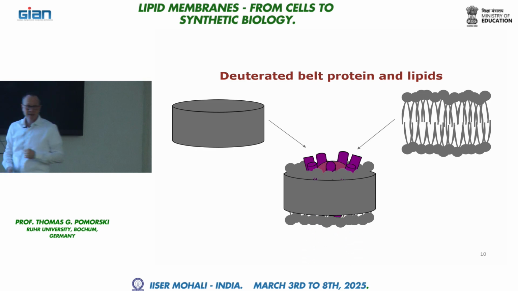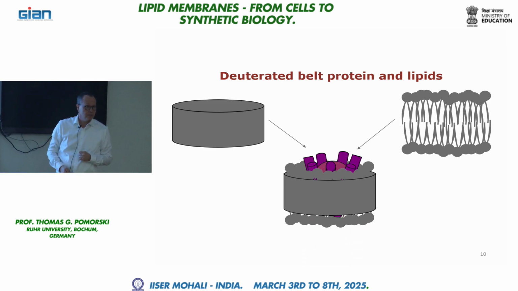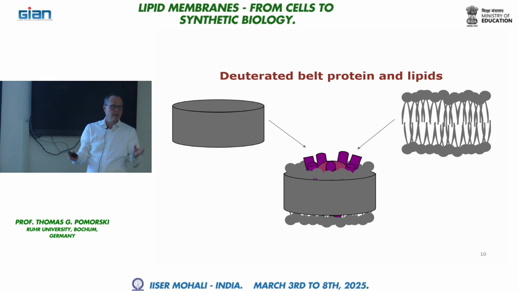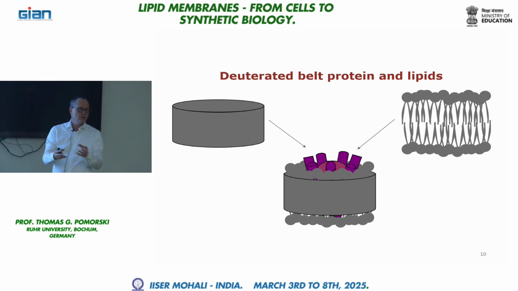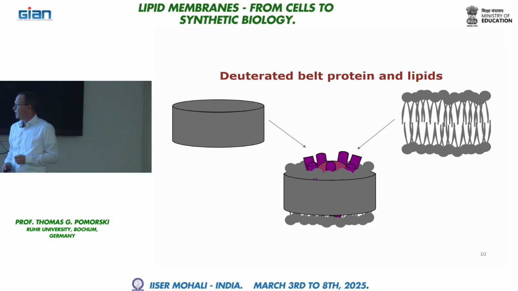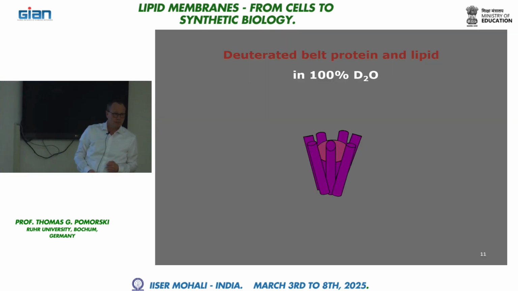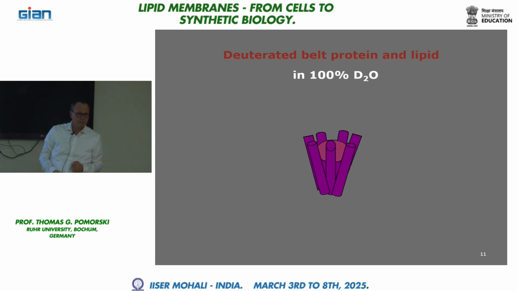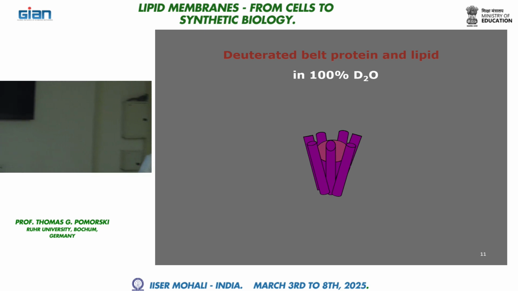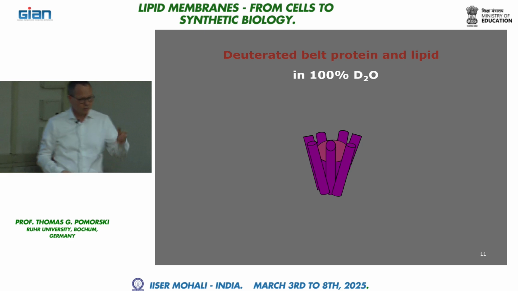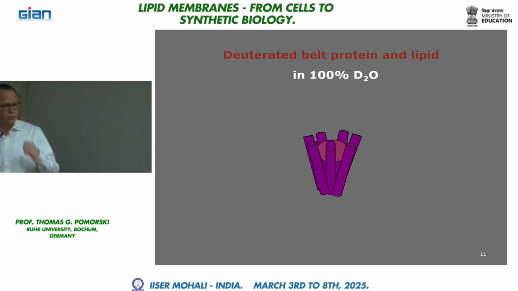If you put your protein, which is not deuterated, it will contain hydrogen in all the places where hydrogen should be located. Now you put the whole thing in deuterium oxide instead of water. Then you get scattering from the deuterated water, from the scaffold protein, and from the lipids.